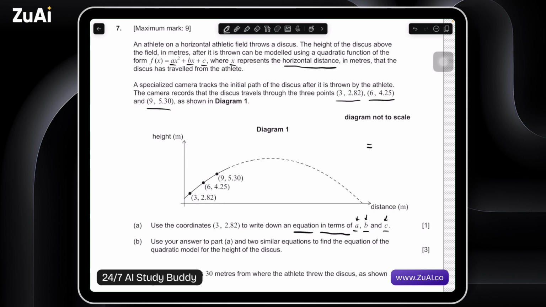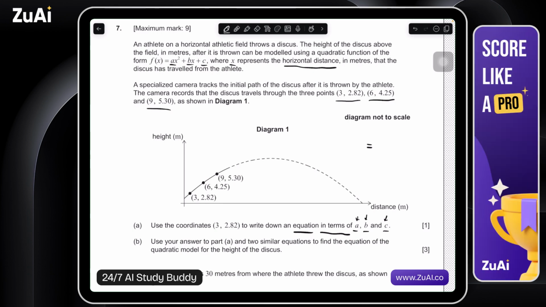So for this first part, they told us that the height of the discus can be modeled by some quadratic of the form ax squared plus bx plus c. So f of x, which is our output, is equal to ax squared plus bx plus c. And what is f of x?